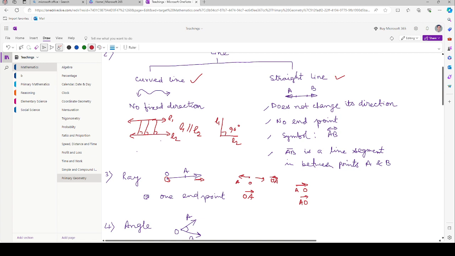The angle in between two lines is 90 degree or a right angle. That is why these two lines L1 and L2 are known as perpendicular line, and perpendicular line is symbolized like that. Parallel line symbolized like that, and perpendicular line symbolized like that. Here L1 perpendicular to L2.